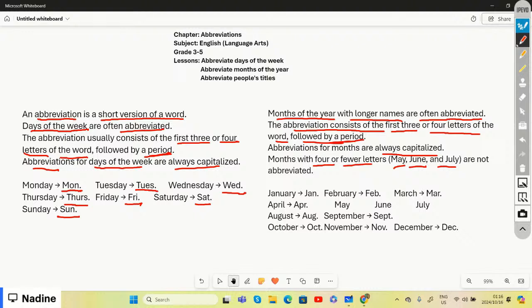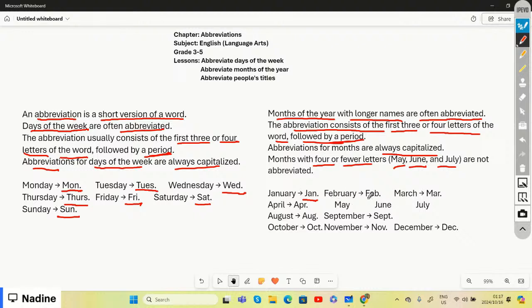All right. And remember, we said that when we abbreviate months of the year, do not forget the period. It needs to end with the period because then it shows that it is being abbreviated. Now, if we look at our words, January, we abbreviate it to Jan., and don't forget the period.